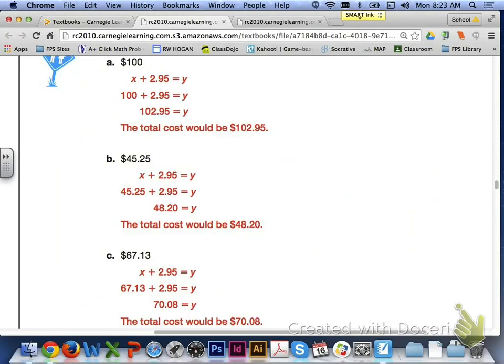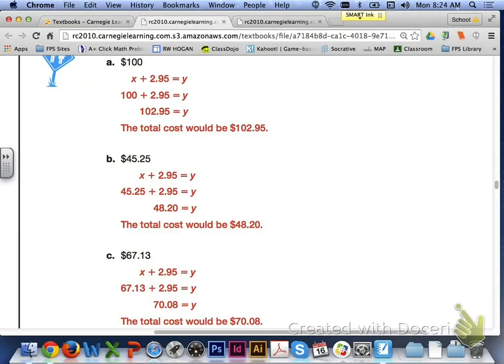For each of the letters A through C in number 5, the item cost that is given represents X as the variable. So all we have to do is substitute that number in for X, and we will end up being able to figure out what the total cost would be.